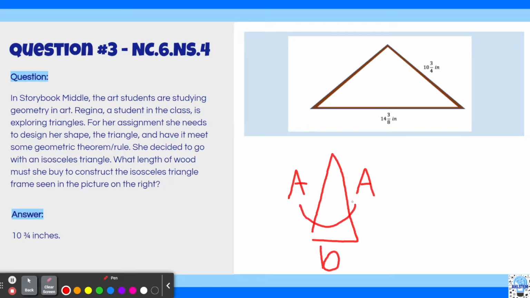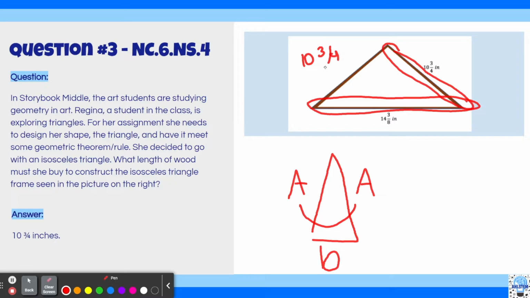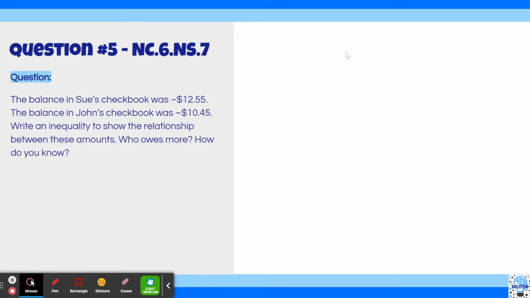So, usually in all isosceles triangles, the base is oriented or positioned at the bottom. So that means it's the two sides that are supposed to be the same. So this one has to be 10 3/4 so that it can be proven that it is an isosceles triangle to meet the theorem that Regina needs to demonstrate. Let's do question number 5.